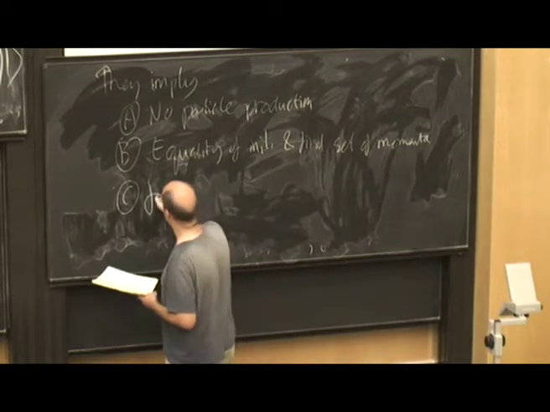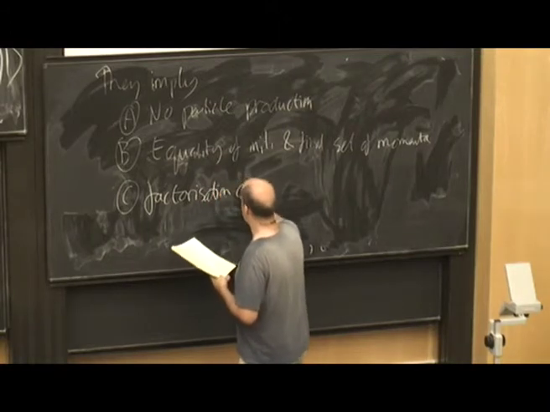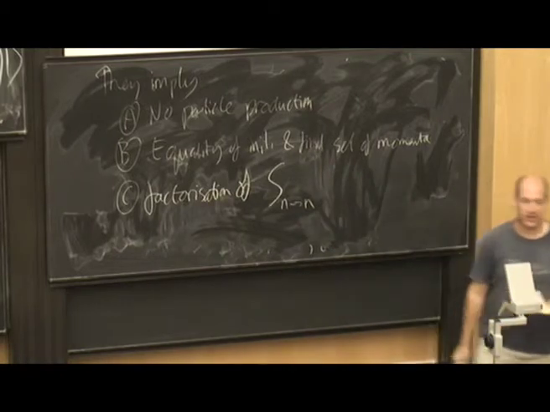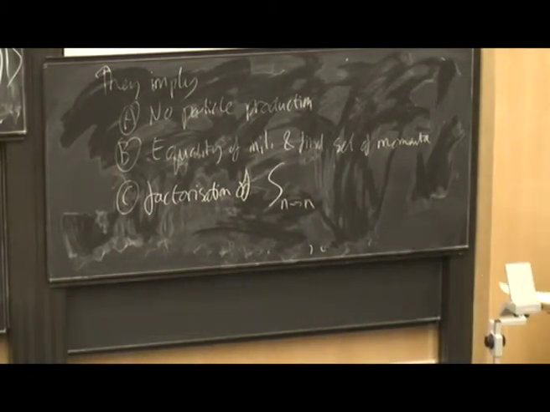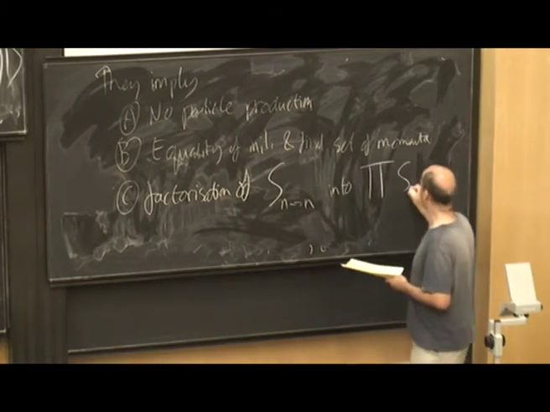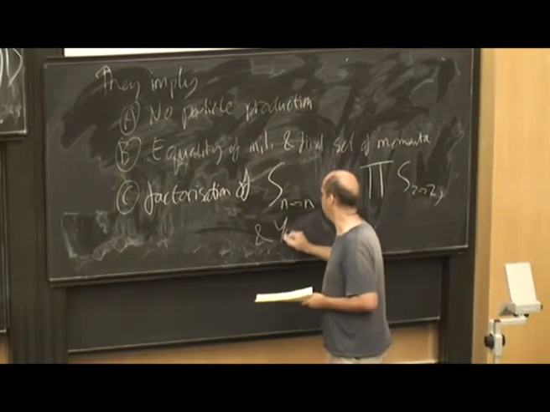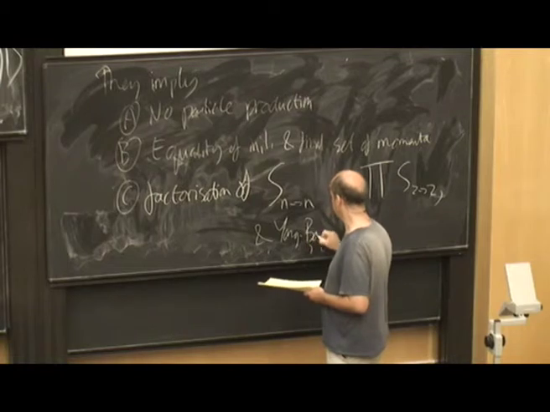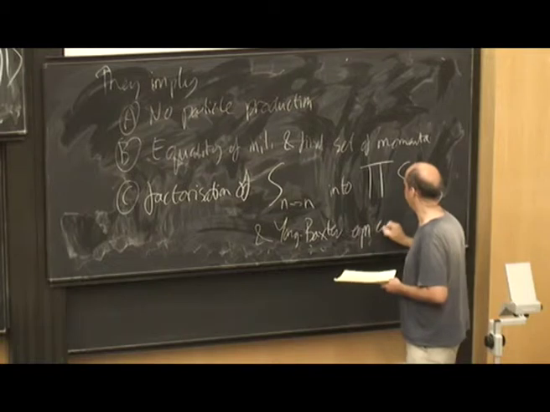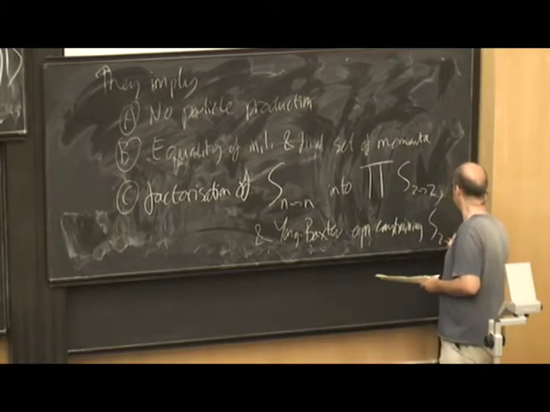And C, so a bonus that we might not have expected yet, is factorization of the S matrix, n to n, involving n incoming particles, into a product of 2-to-2 S matrices, and the Yang-Baxter equation, which most people have probably heard of already, but I'll explain, constraining the 2-to-2 S matrix.